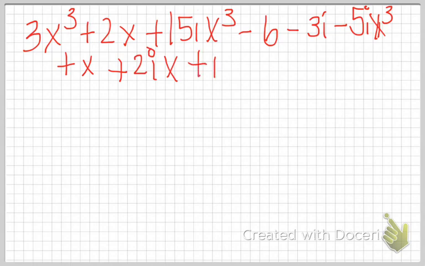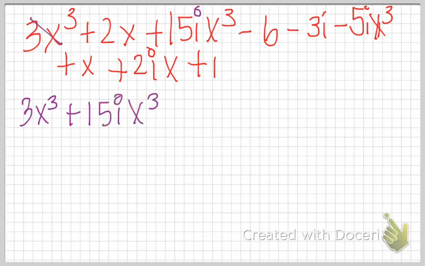I like to first write this in standard form. When we talk about standard form, we talk about the x variable with whatever power it is being raised to. I see that x to the third is the highest, so I start writing it down. 3x to the third plus 15i x to the third. Start calculating them out so I can clear up some of my work. Minus 5i x to the third.